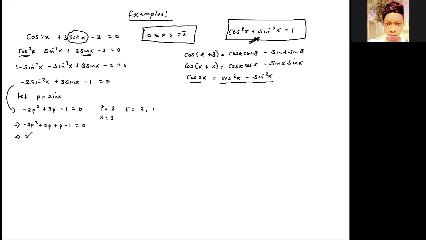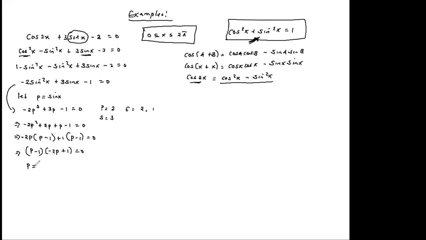So this is negative 2p, so that we remain with p here minus 1, plus a 1 down here, p minus 1 is 0. Now p minus 1 is common, and we remain with negative 2p plus 1 is 0.